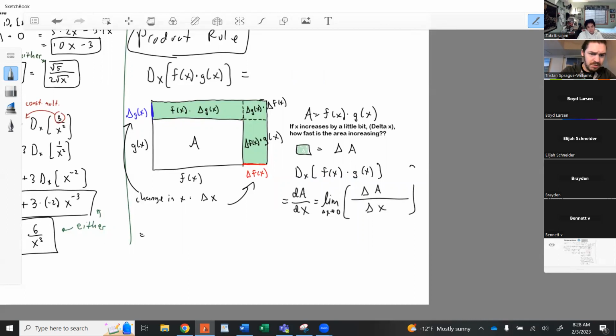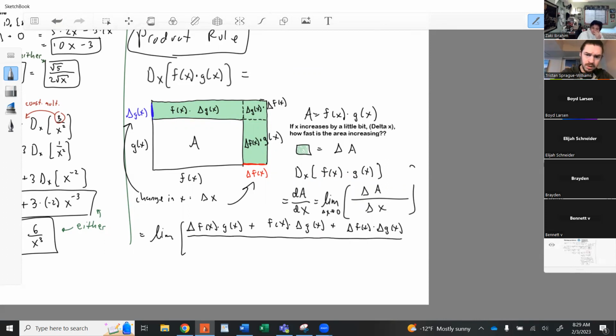So this becomes the limit of delta f of x times g of x plus f of x times delta g of x plus delta f times delta g, all over delta x.